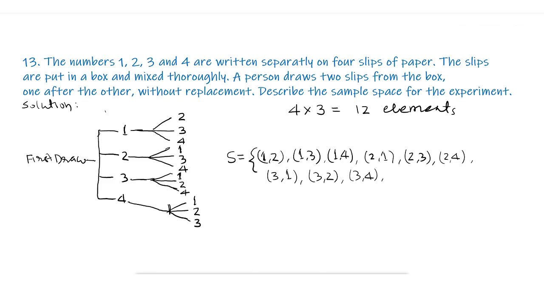And if slip number 4 comes, then 41, 42 or 43. So the elements of the sample space are 12, 13, 14, 21, 23, 24, 31, 32, 34, 41, 42, 43. So this is our sample space for the experiment.